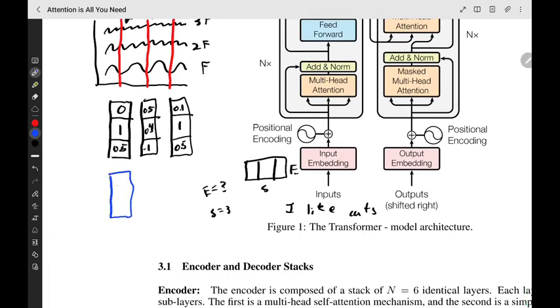This would be the vector representation of I, this would be the vector representation of like, and this would be the vector representation of cats. Then you add these together, and you get a new output vector for each of these. It's a combination of the input embeddings, but also the positional encodings.